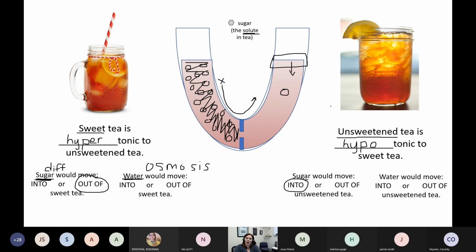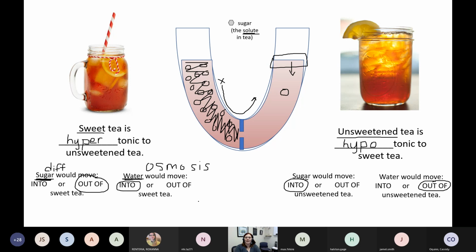That means that my water is going to want to go out of my unsweet tea and it's going to go into my sweetened tea. Because I have so much water on the unsweet tea side, not nearly as much on the sweetened side, I'll send that water over to help spread out those sugar molecules to try to make it equal, isotonic, on either side.